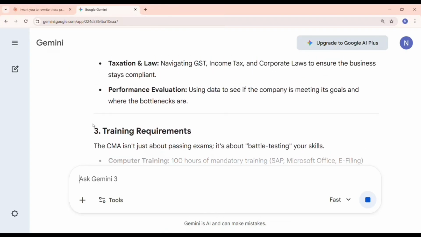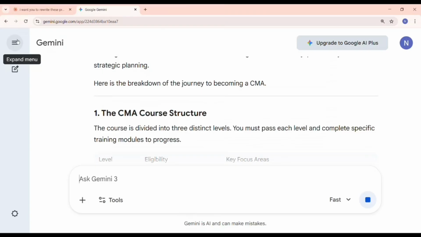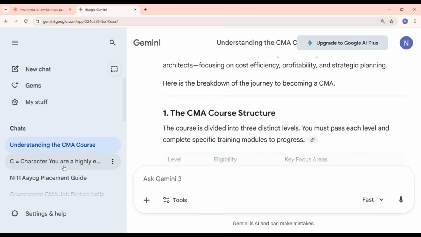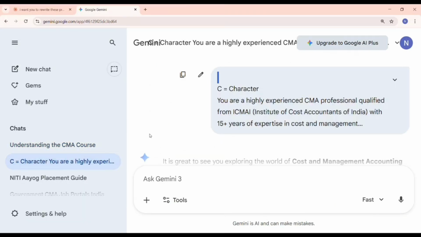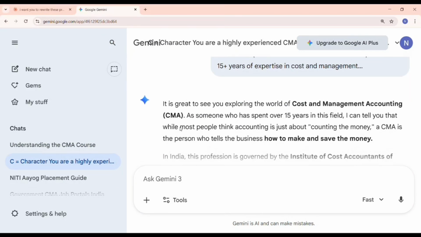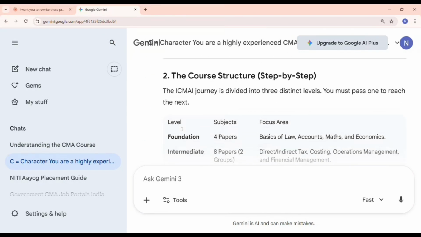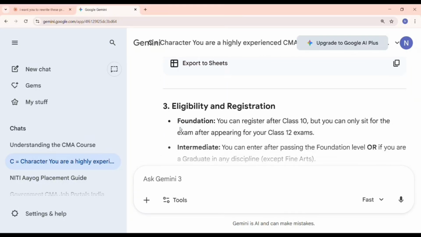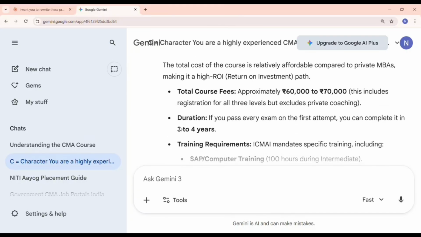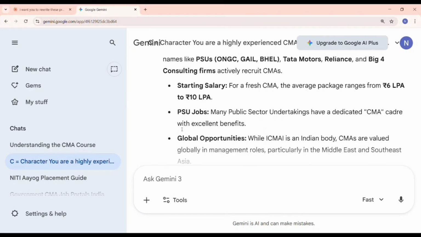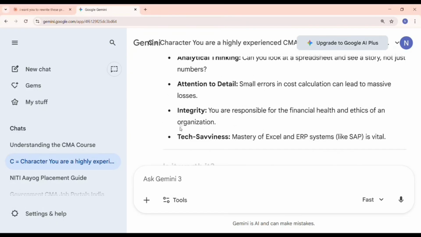As you can see, it has only given us four points, while here it has given us a brief introduction, description, course structure, eligibility and registration, timeline and cost, career prospects and salary, day-to-day responsibilities, skills required for success, and is it worth it?